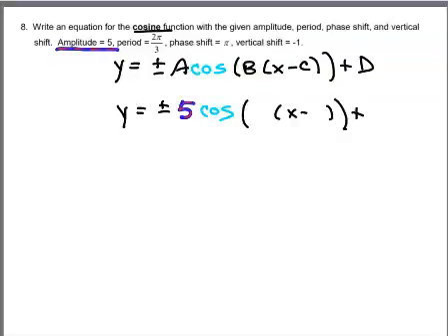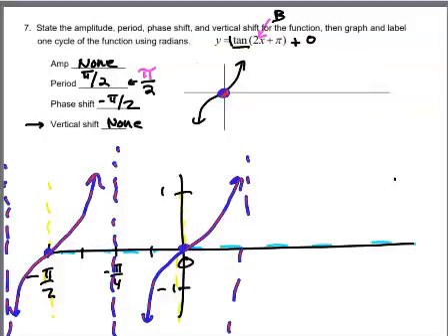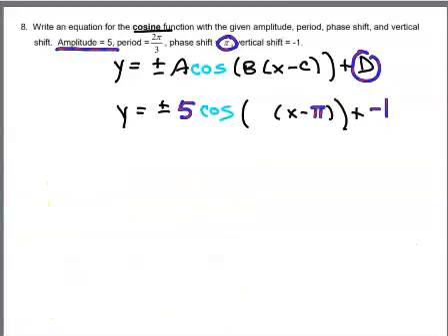The phase shift is pi, so I'm just going to put that there. And the vertical shift, this D, is -1. So we actually plug the phase shift in. Our phase shift is C, our amplitude is A, and the vertical shift is D.